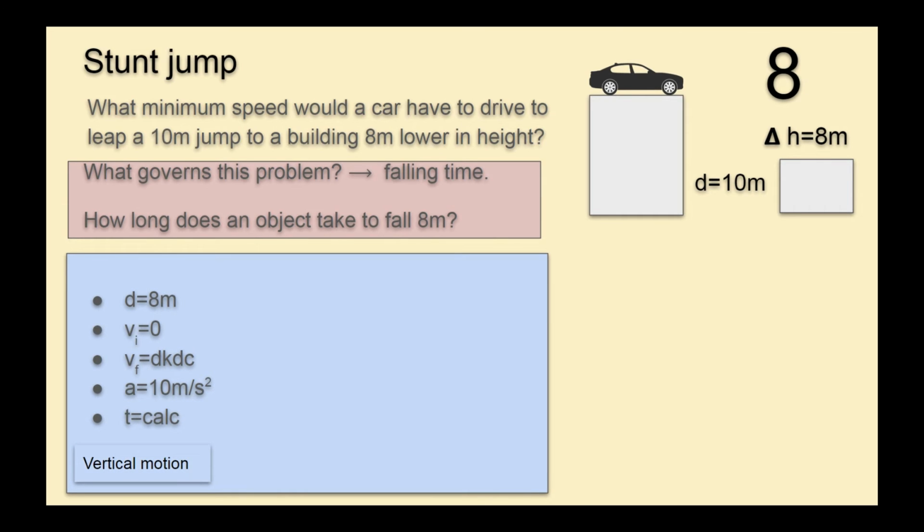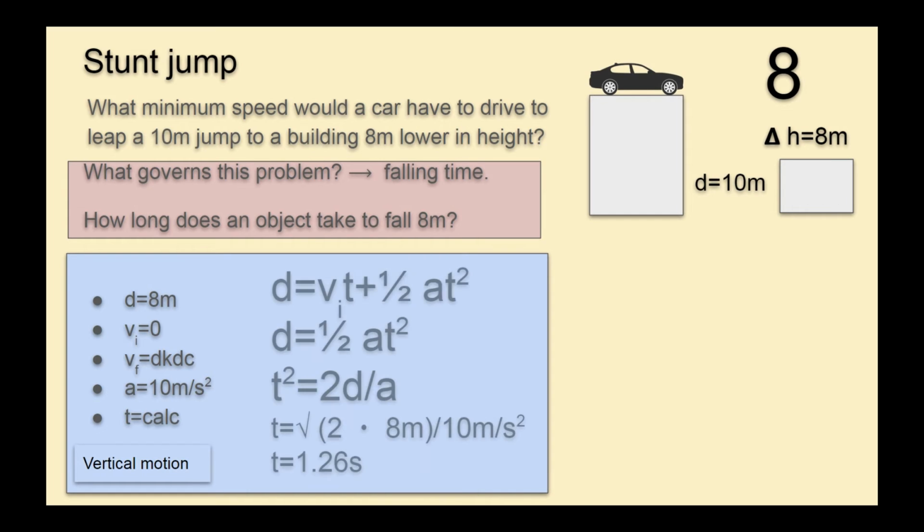So we take the distance in the vertical. Our initial speed in the vertical is 0. We're not concerned with the final speed, and our acceleration is 10 meters per second squared down. Since both D and A are downwards, we can ignore the sign for this problem.